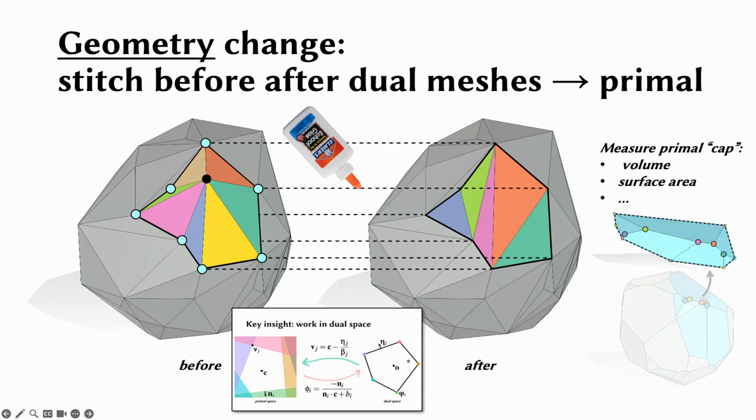Now we have a definitely convex cap in the primal space, and we can measure its volume, its surface area, and its mean width, which is an interesting quantity for collision detection. That becomes the cost of removing that vertex. So we have the update to the triangulation, and we have a cost for every local operation, and that's pretty much it. Then it's just putting it in a big loop and taking off the cheapest ones one at a time.